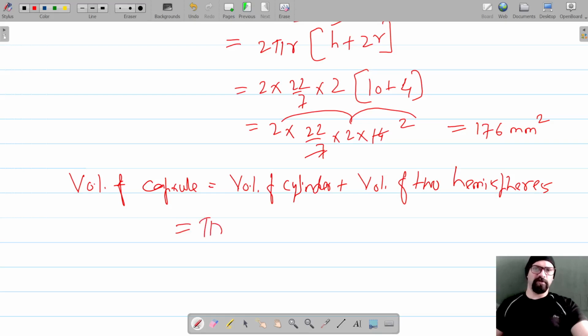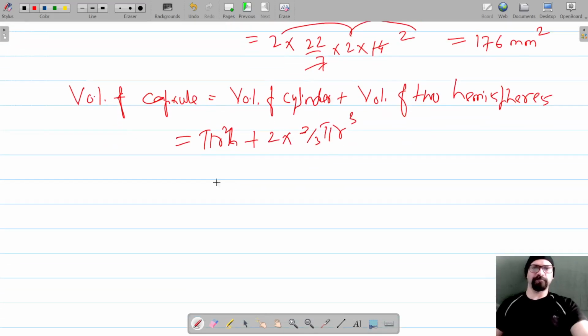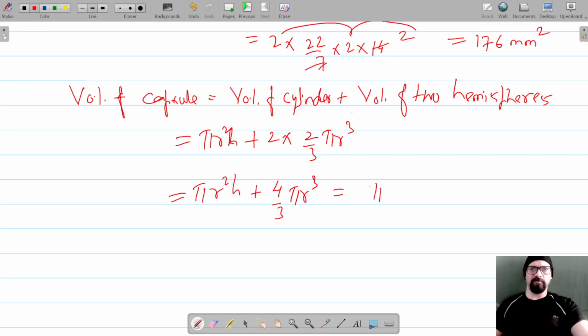Now the volume of the cylinder is pi r square h, and these are two hemispheres, so 2 into 2 by 3 pi r cube. So this is equal to pi r square h plus 4 by 3 pi r cube, and the common is pi r square. So this is h plus 4 by 3 r.